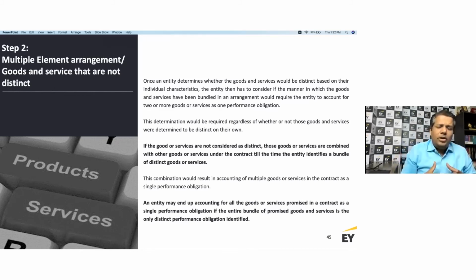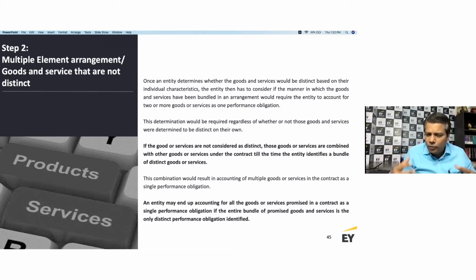Whatever you promise to your customer is what you need to identify, and then you need to evaluate. Are they capable of being distinct within the context of the contract? As a customer, can I benefit from each of them independently, or if I were to combine them with other resources which are available to me?